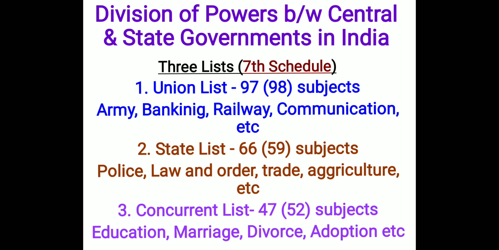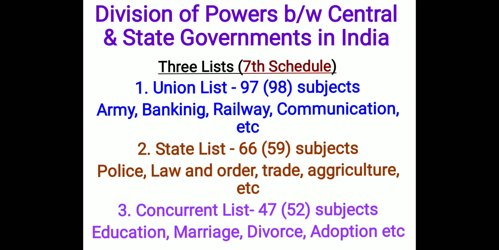So, through these lists, the powers have been divided between the center and the states. The subjects given in the union list belong to the central government, and central government can make law on these matters which are given in the union list. Like that, as far as state list is concerned, the state governments can make law on the matters listed in the state list.